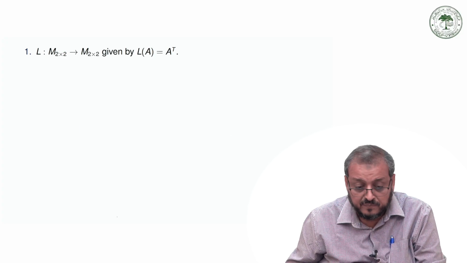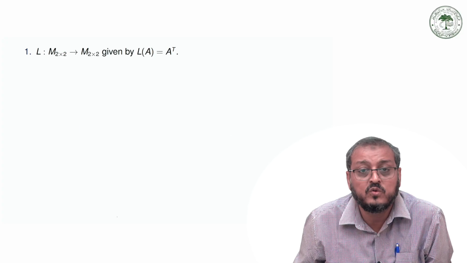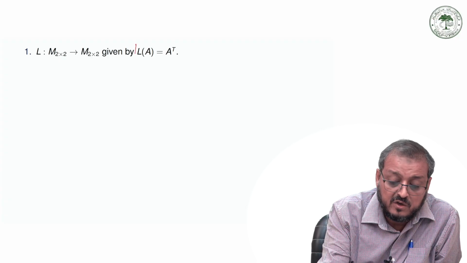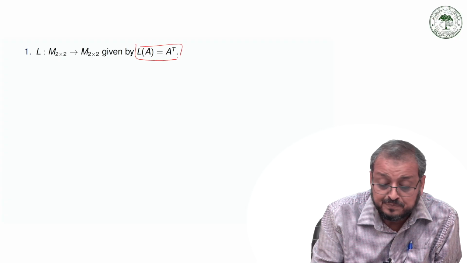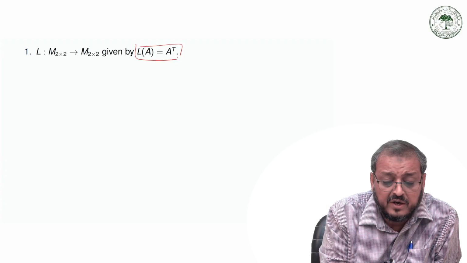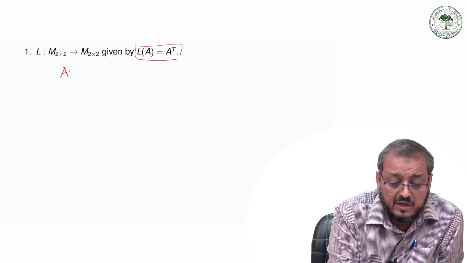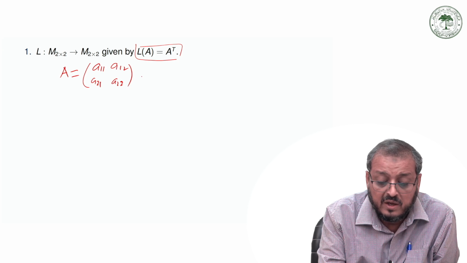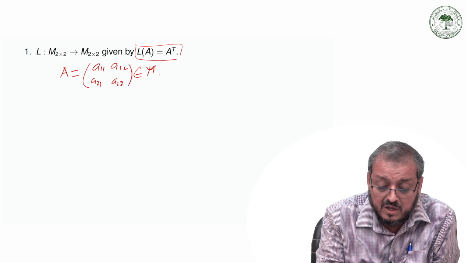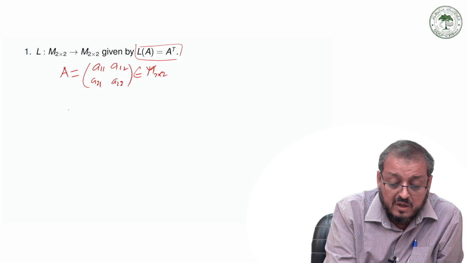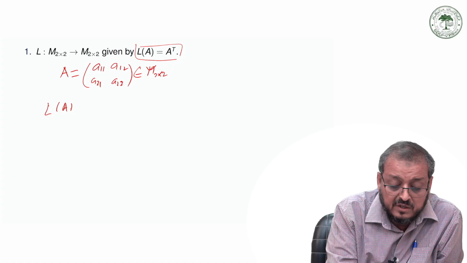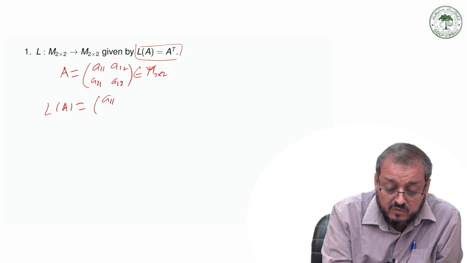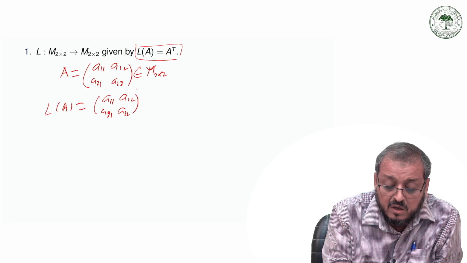Okay, now we take a matrix form. We have a 2 by 2 matrix A with entries A11, A12, A21, A22, and L of A is defined as the transpose of this matrix.